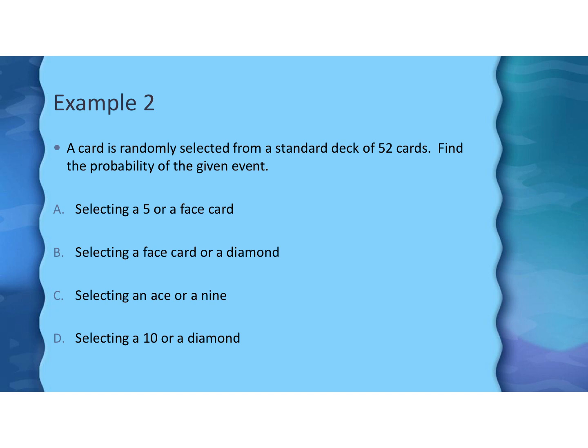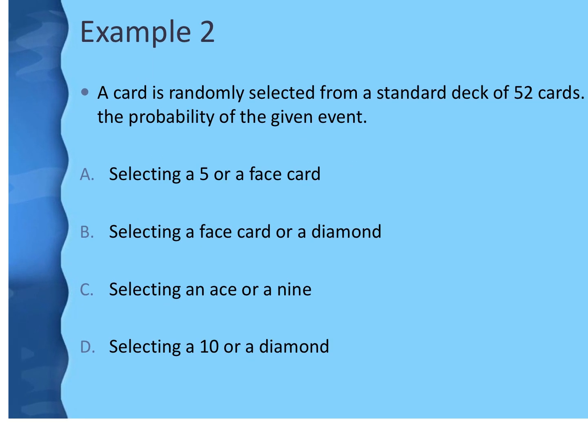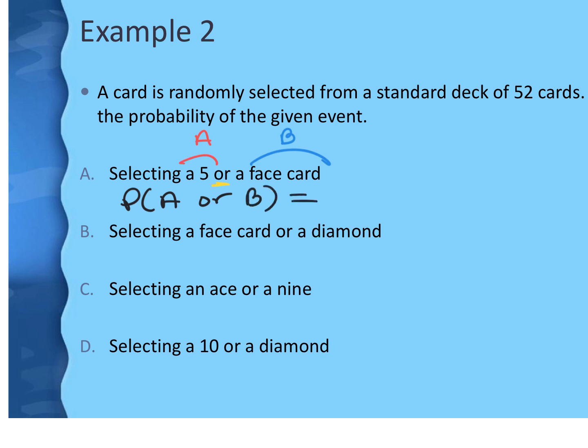So in this particular problem, I'm going to go ahead and I want to find the probability of A or B. So my event A is going to be selecting a 5. So this will be my event A. And then notice it's got the word or a face card. And that's going to be my event B. So what I'm going to be working out here is the probability of A or B.